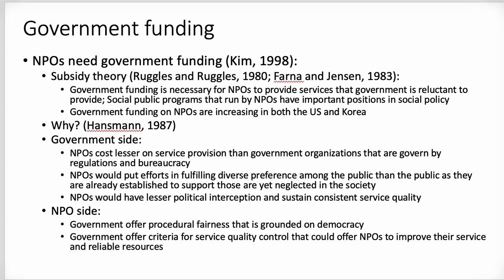Further, NPOs would have less political influence. For the NPO side, government offers procedural fairness that is grounded on democracy. Government offers criteria for service quality control that could help NPOs improve their services and offer reliable resources.